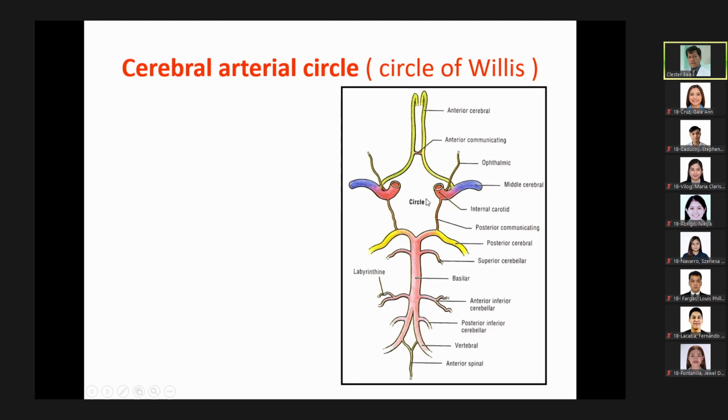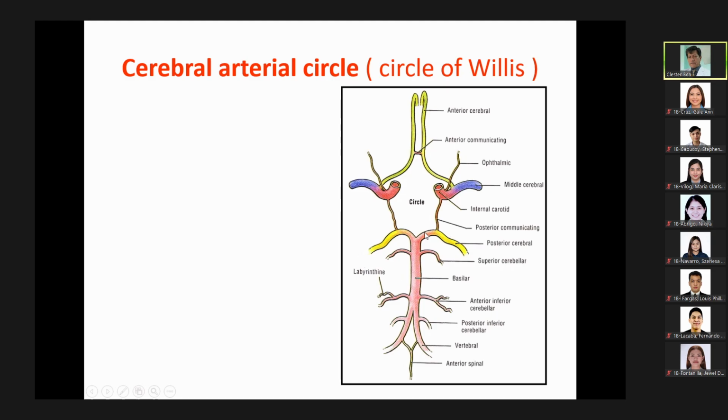Actually, if you think about it, the circle of Willis allows blood going to the brain via the vertebral artery and via the internal carotid artery to be equally distributed all over the brain and the spinal cord.